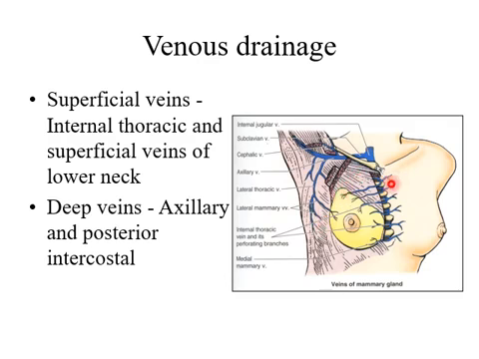So basically the veins run along with the arteries, but they are divided into two sets, the superficial set and the deep set.